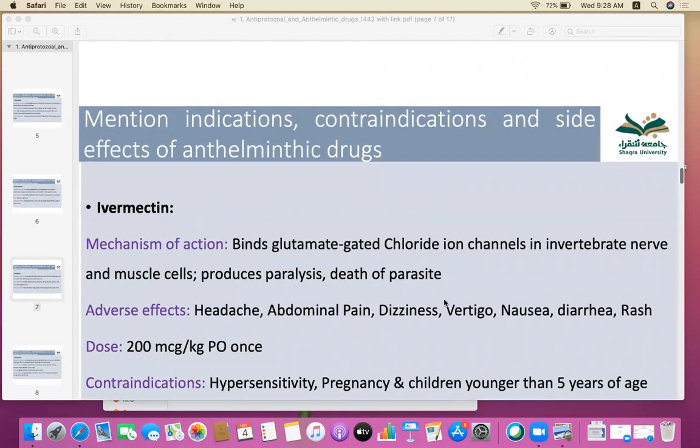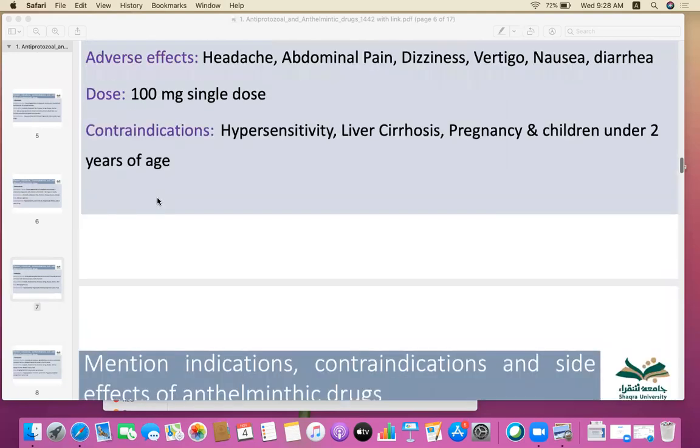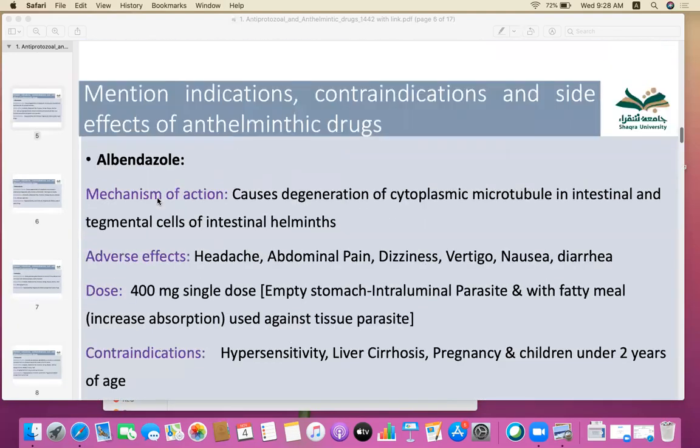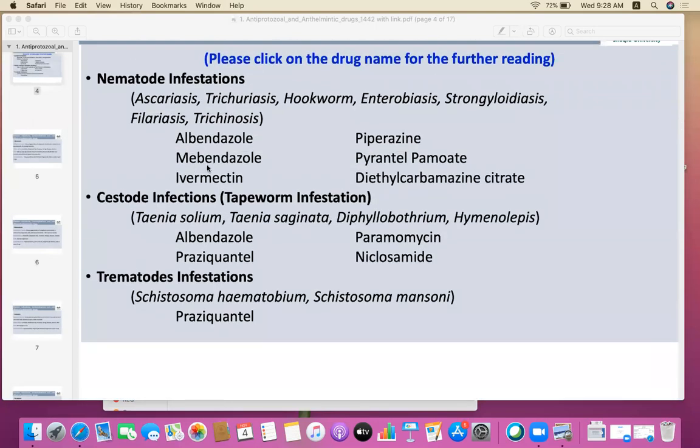Now, for the indications of ivermectin, you have to come to our main page. Look here, ivermectin, and just click on it.